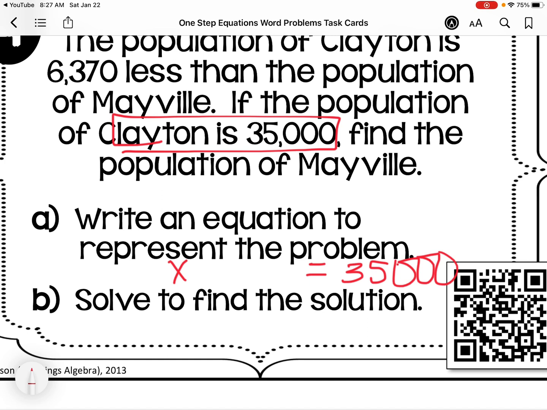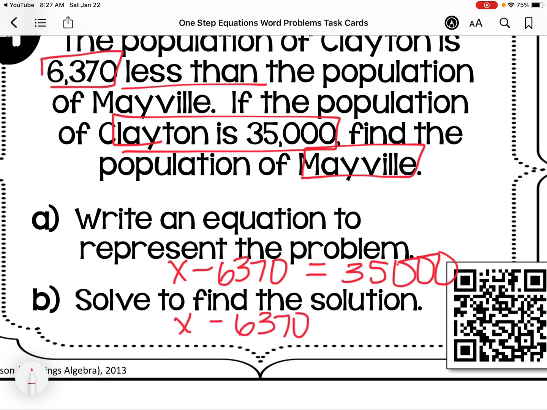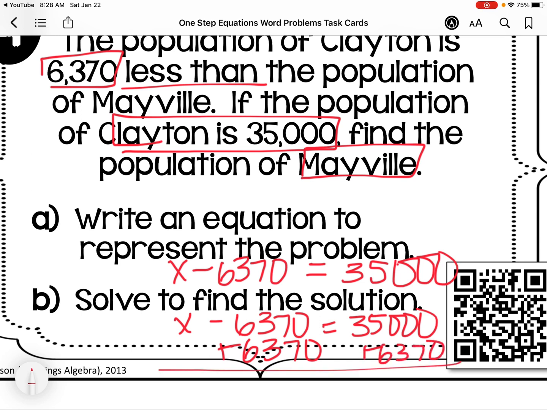I want to find the population of Mayville, so X is going to represent Mayville. So Mayville minus this, because it's a less than, is going to give me Clayton's population. So I have X minus 6,370 equals 35,000. So I'm going to add 6,370. And I get X equals 41,370.